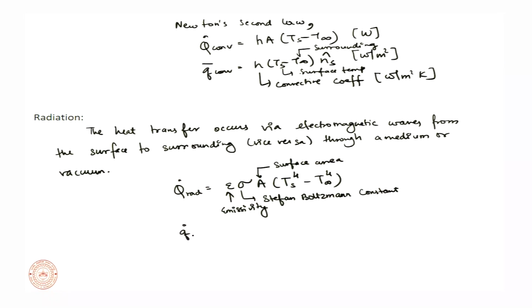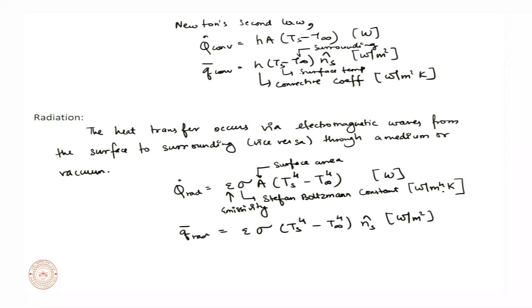If you want to write this in terms of the heat flux, q double dash vector equals epsilon sigma (Ts to the power of 4 minus T infinity to the power of 4) in the n_s direction. So again the normal to the surface which is radiating out will be the direction of the heat flux. This unit is watt, this unit is watt per meter square. The unit of the Stefan-Boltzmann constant is watt per meter square Kelvin to the power of 4.